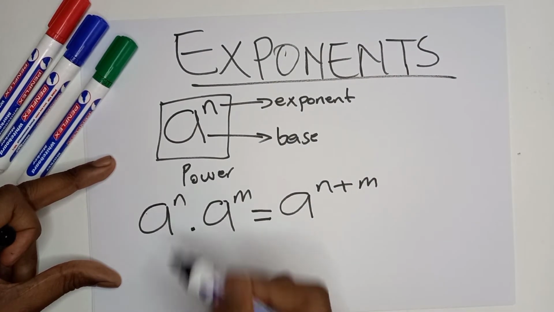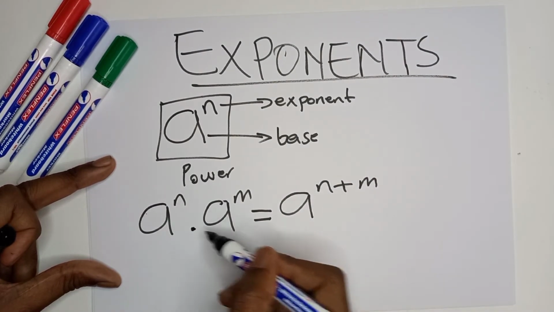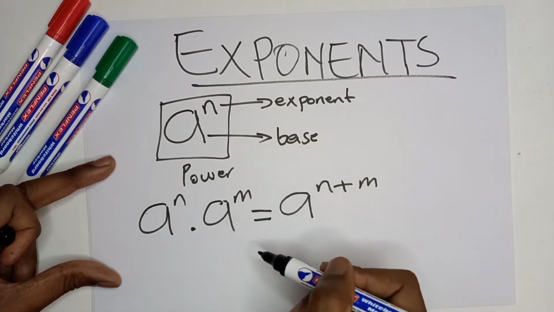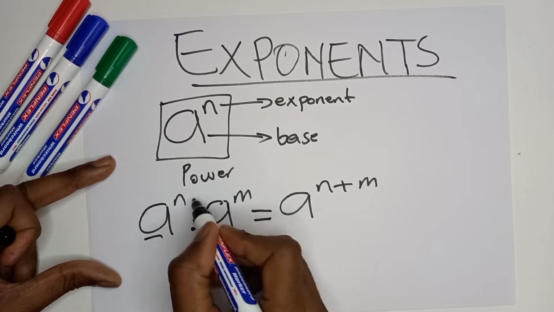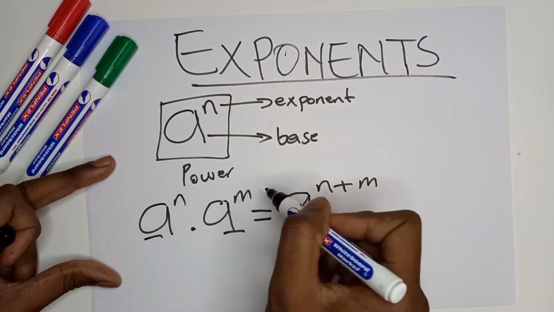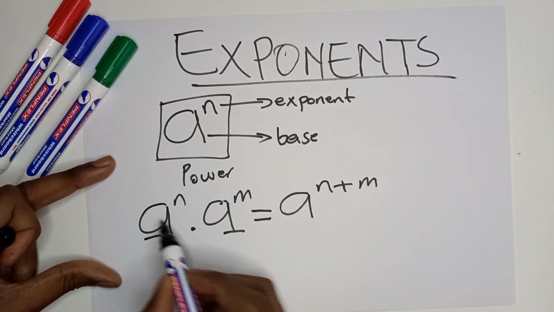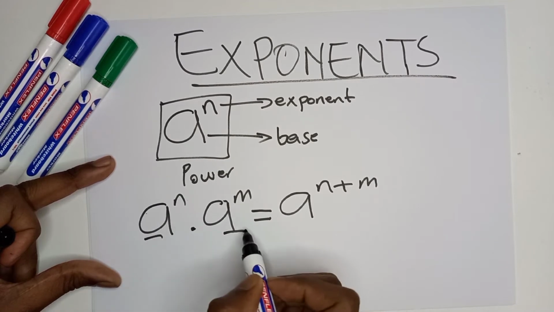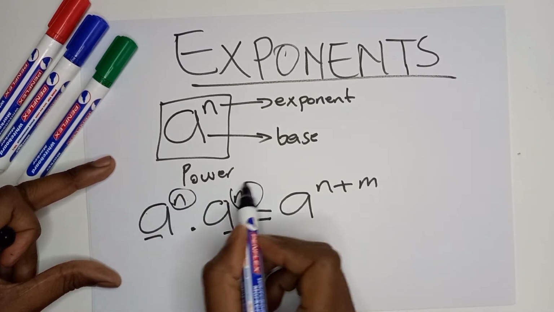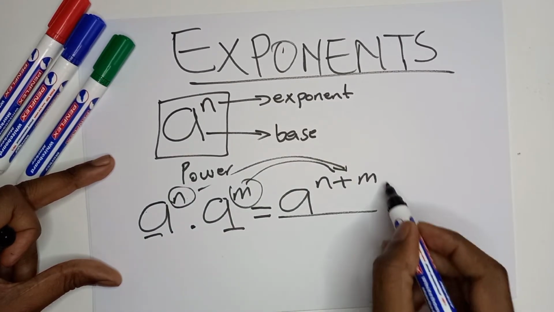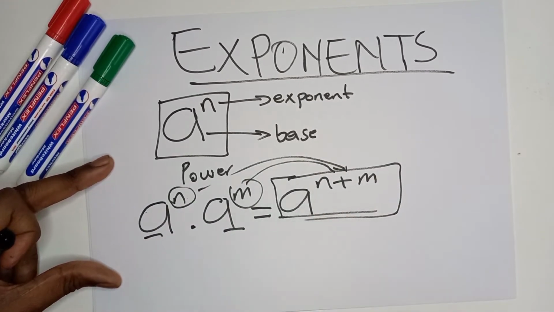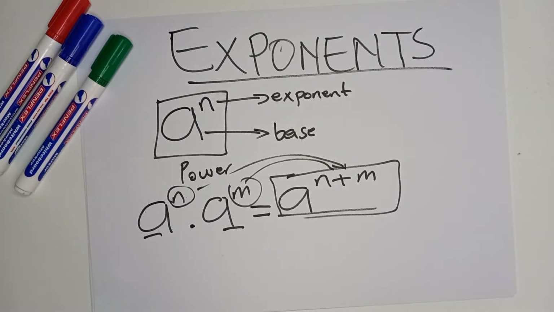So if you have a to the exponent of n multiplied by a to the exponent of m, you have the same base, and as long as you have 2 powers with the same base being multiplied, you just add the exponents together, and you have the answer.